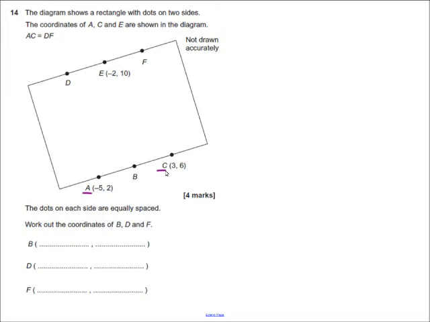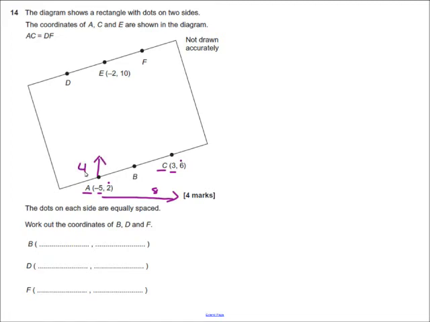So you need to ask yourself, how do I get from my x coordinate to my x coordinate? Well, I go from -5 to 3, I go 8 across. And then to get from A to C, how many do I go up? Well, I go from 2 to 6, so I go 4 up.